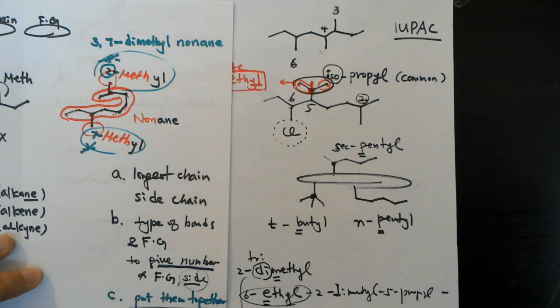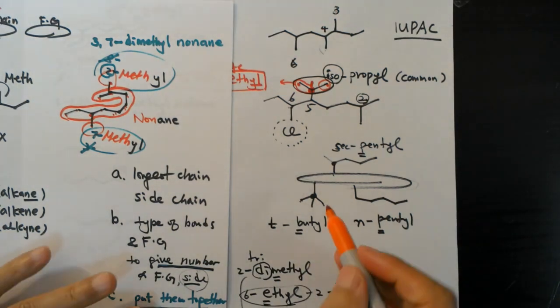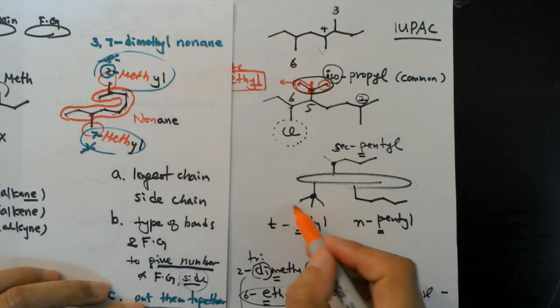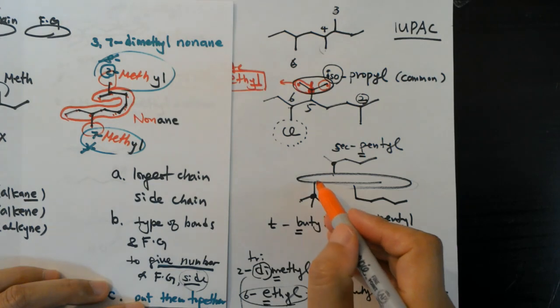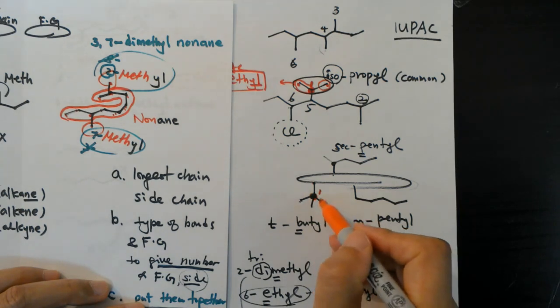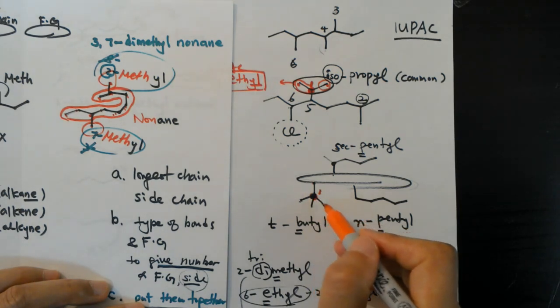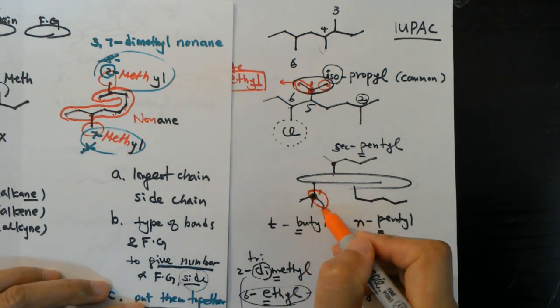So if you try to name t-butyl according to the IUPAC, how would you name it? Like I said, the carbon of the side chain connected to the main chain is always number 1, and starting from there you are looking for the longest chain, and there are 2.